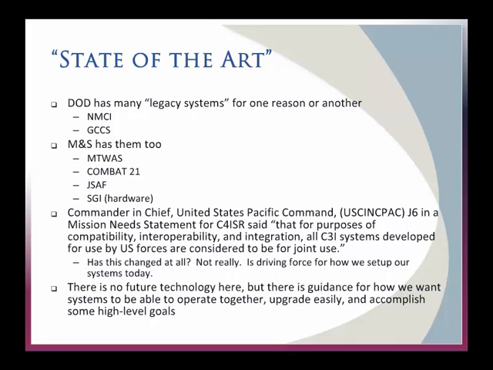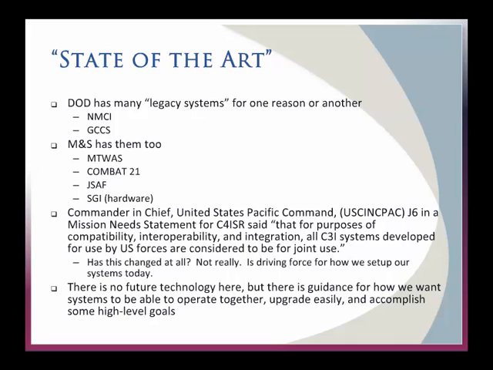GCCS is another one that could be regarded as a legacy system. M&S has them. MTWAS can be viewed as a legacy system. Combat 21, JSAF. There's a lot of SGI hardware. SGI has been out of business for years. Their hardware is still out there being used in some cases because we can't get off of it.